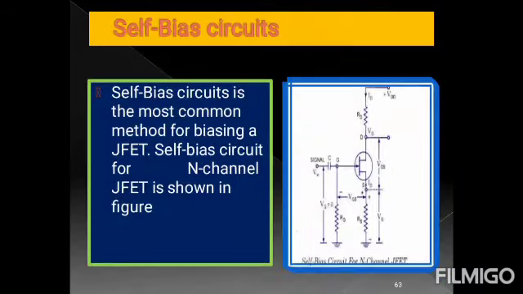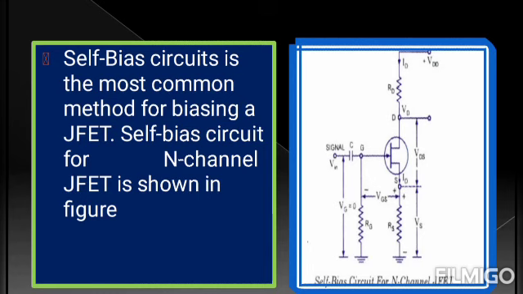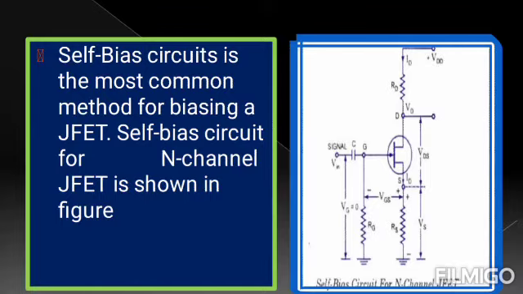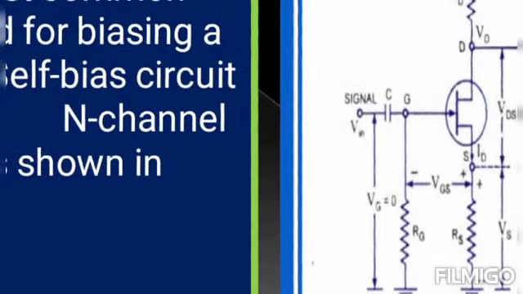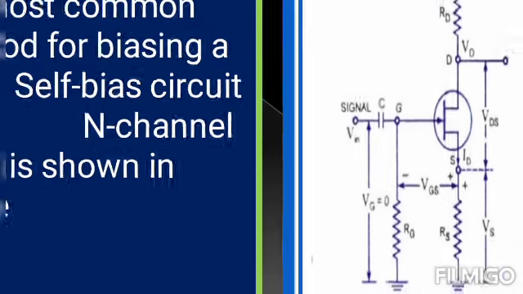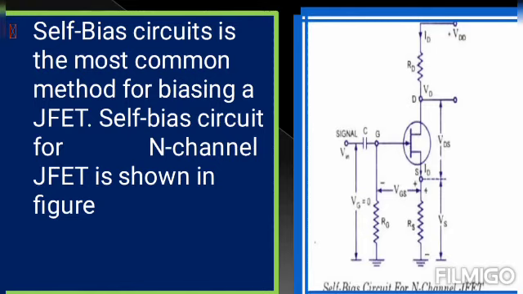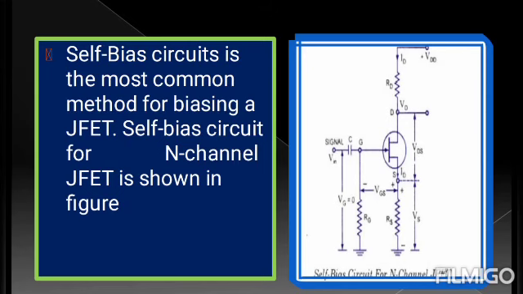Okay, next we are going for the self bias circuit. This is the most commonly used circuit. Here we are not using two voltage sources. The changes in the output current are compensated by using two resistors, RG and RS, and by using these we are reducing the changes in the output current.